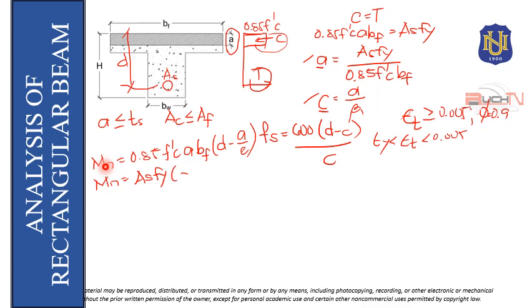So, that will be D minus A over 2. Pero pag hindi natin na-prove that that is Fy, so, kailangan natin gamitin that will be F sub S. Then, the ultimate moment capacity will be equivalent to phi Mn. So, yan ngayon yung scenario for the analysis of rectangular beam kapag ang depth of compression block is lesser than or equal dun sa thickness of the slab.